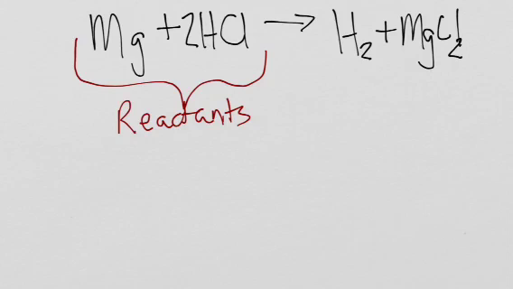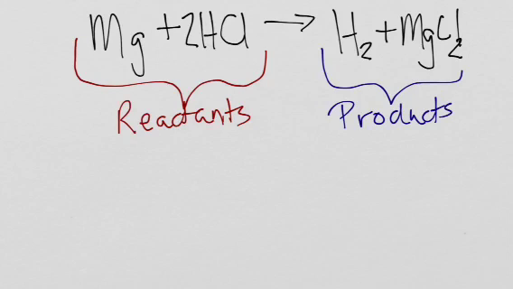Okay? Now, once they're mixed together, that reaction will take place and it will give you products. Products, just like in multiplication, the product is the answer. It's what you're left with after the reaction has taken place.